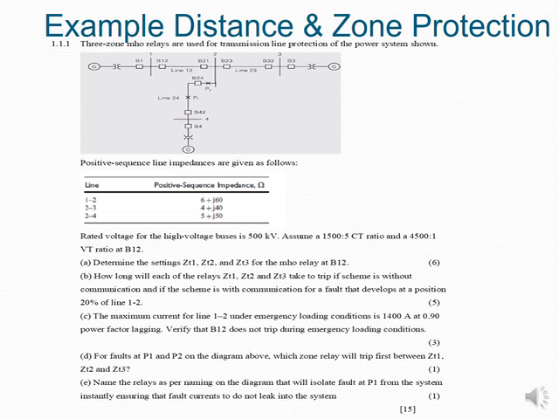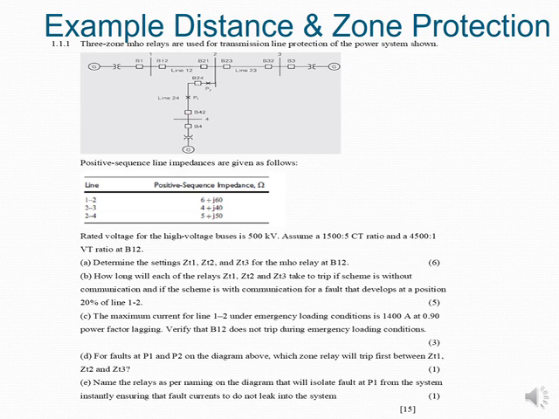So at zone 1, how long would it take for you to trip all of them, your zone 1, your zone 2, and your zone 3, if you had no communication and if you had the communication in the scheme?